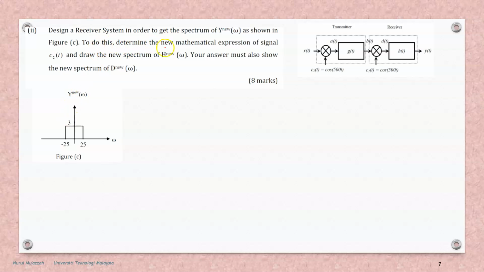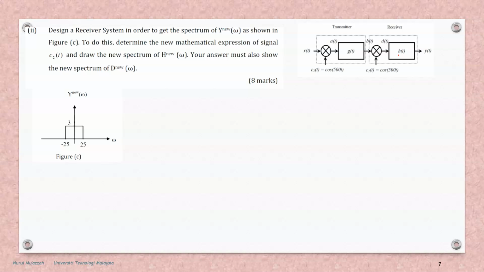To do this, determine the new mathematical expression of signal C2T, which is the carrier part at the demodulator, or at the receiver, multiplied by B(t), and draw the new spectrum of H(ω). Okay, this h(t) is a new filter.